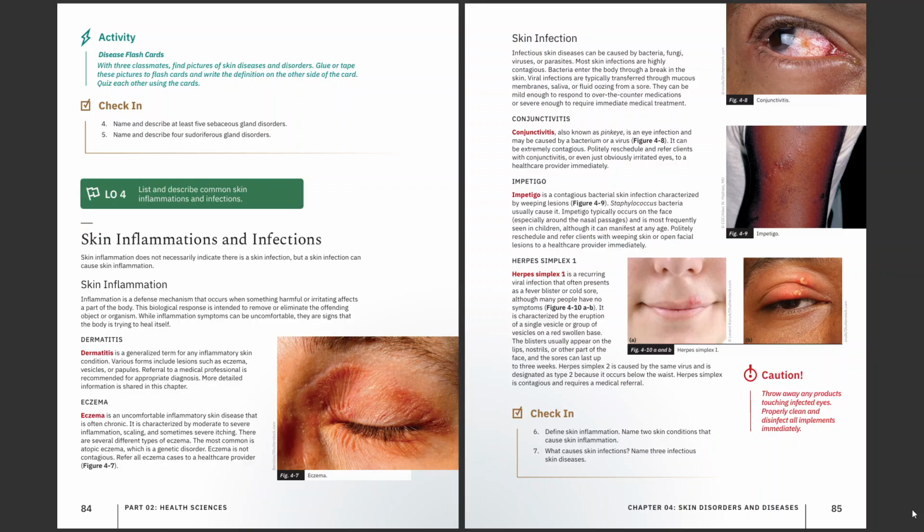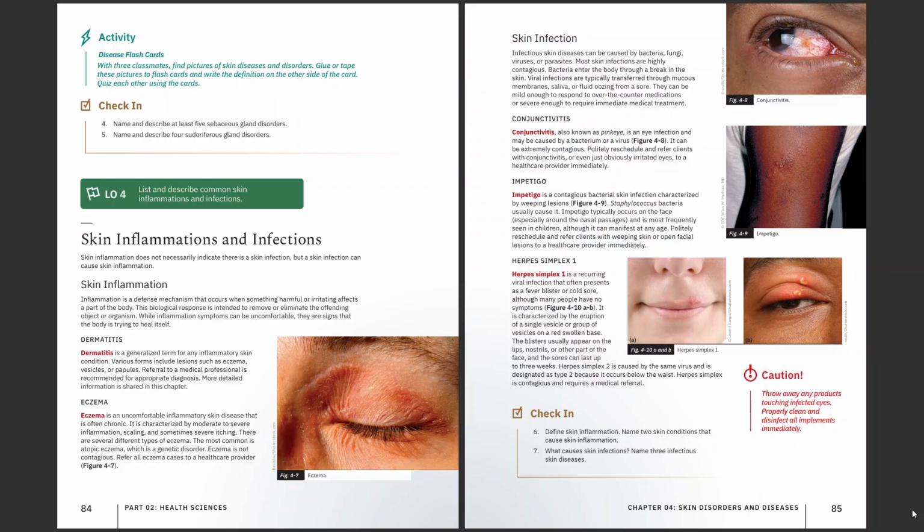The blisters usually appear on the lips, nostrils, or other part of the face, and the sore can last up to 3 weeks. Herpes simplex 2 is caused by the same virus and is designated as type 2 because it occurs below the waist. Herpes simplex is contagious and requires a medical referral.